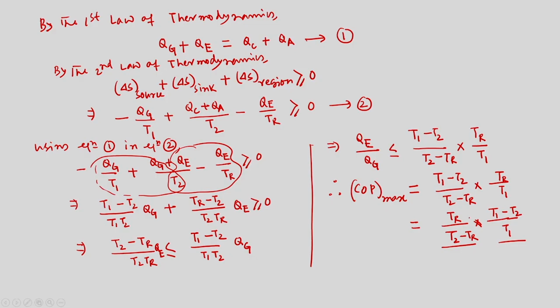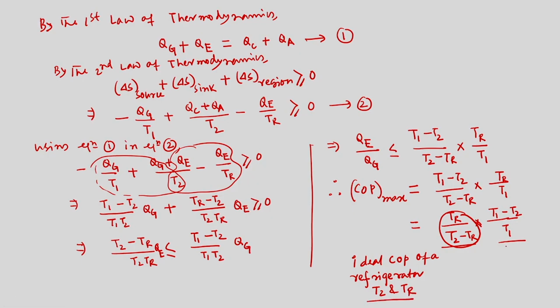These two parameters, what do they indicate? The first is the ideal coefficient of performance of a refrigerator working between T2 and Tr.